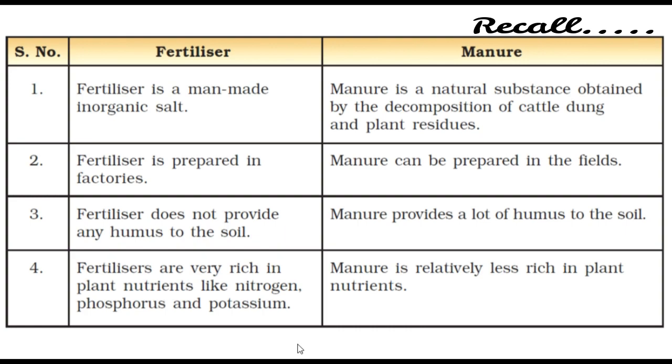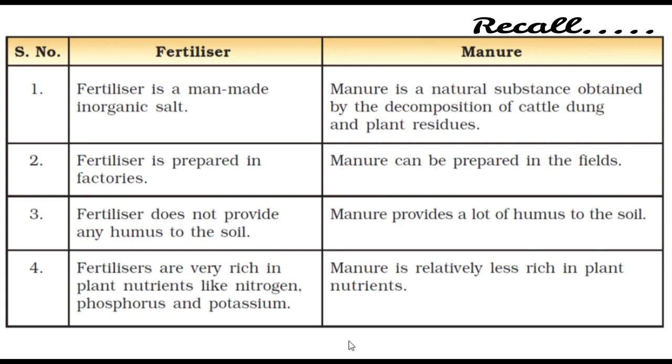But fertilizers sometimes can act as an overdose. It will increase the toxicity of the soil. So we need to use fertilizer carefully. But manure has a lot of advantages.